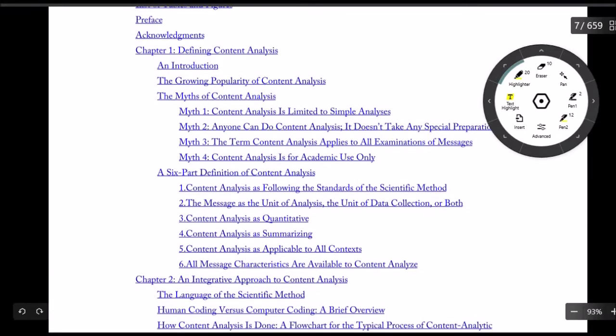In this particular book, chapter 1 is defining content analysis. To give you a brief introduction, it is usually bifurcated into two parts.